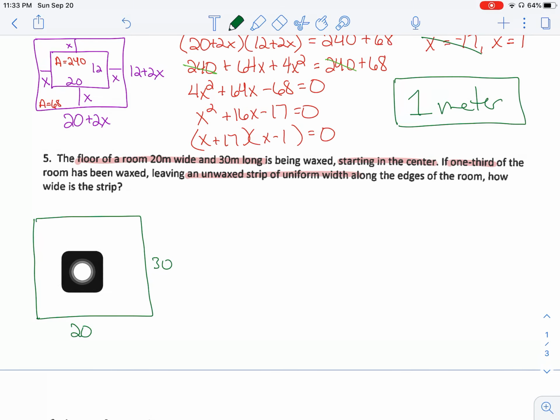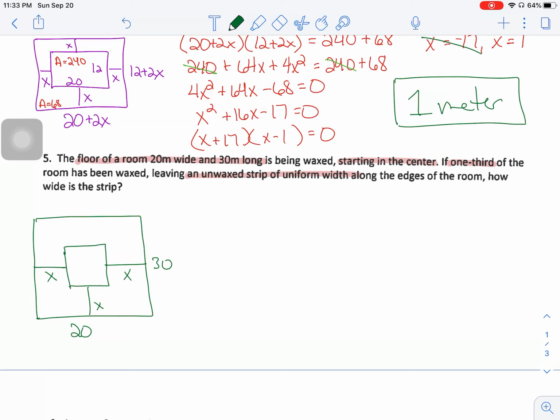This area is the part that's gotten waxed already. Inside the room, on the floor, I'm going to mark my little waxed portion, leaving an unwaxed strip of uniform width around the edge.